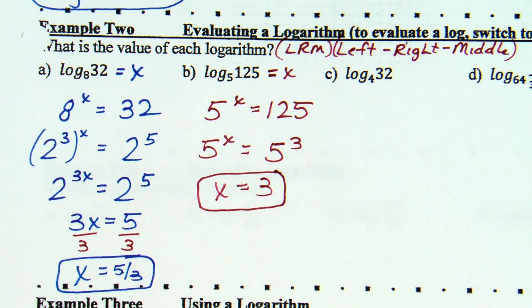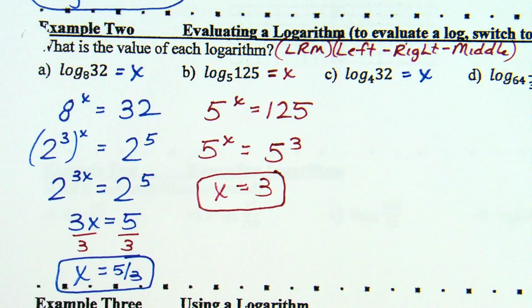You ready for C? What am I doing? Log base 4 of 32 equals, I personally am going to put an X there. Okay, how can I rewrite this?